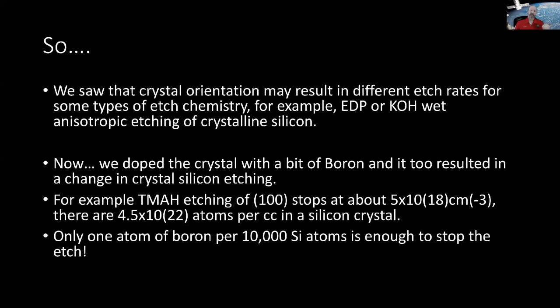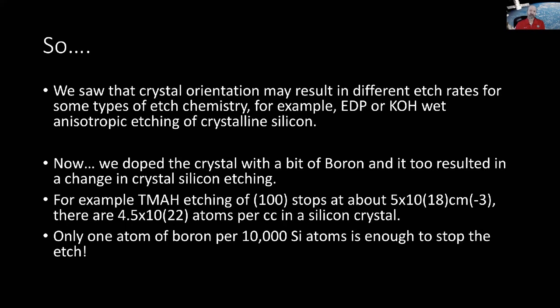But that material will stop etching when you have 5 times 10 to the 18th per cubic centimeter of boron in it. Okay. So you might say, well, that's a lot of boron, but you know, that's 10 to the 18th out of 10 to the 22nd, right?